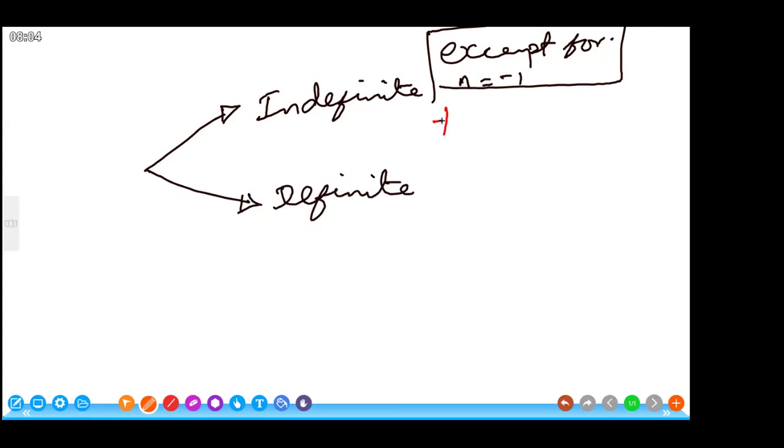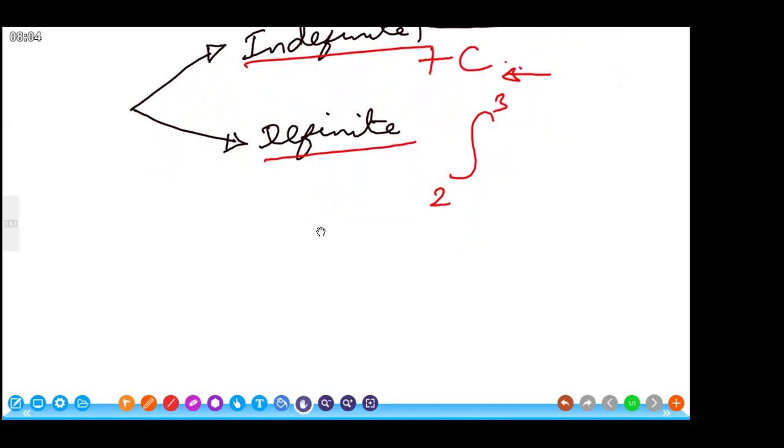After you integrate, you add a constant, and we are not sure about its value, so it is called indefinite. But in definite integrals, we get the integration for a range, so that the c will be cancelled off and we don't have any problem with c. Whether to include or exclude, we don't have any problem. Right?